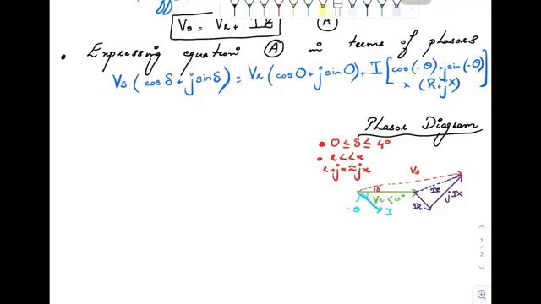So if we use the assumptions over here, then we can see that this vertical component will be very small and we can approximate the voltage drop using this horizontal component only. So now let's see what this horizontal component is.